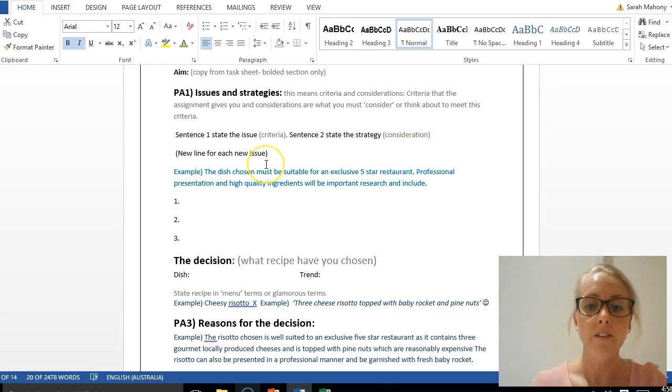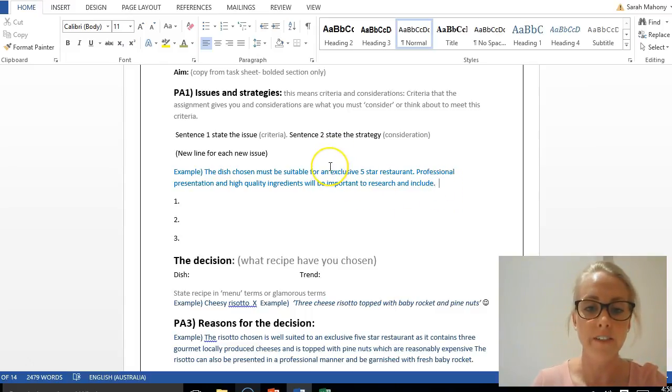All right. So for example, I've got a whole example here. Sentence 1 is the dish chosen must be suitable for an exclusive 5-star restaurant. This is from a fake assignment. That's sentence 1. So that's the criteria or the issue. Sentence 2, what are we going to think about? Okay, it says professional presentation and high quality ingredients will be important to research and include.